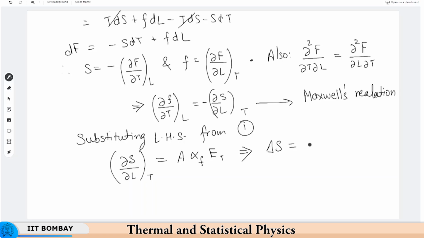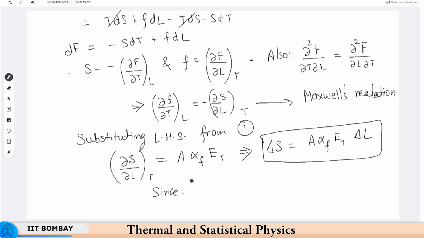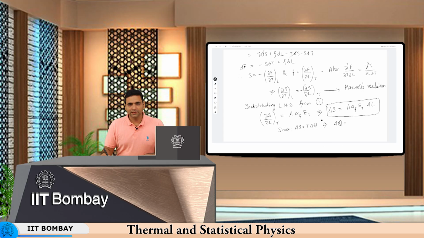The change in entropy, delta S, is given by A times alpha f times E T times delta L. This is the change in entropy upon stretching a rod by a length delta L. Since delta Q, the change in heat, is T times delta S, I can write delta S as delta Q by T. So, delta Q equals T times A times alpha f times E T times delta L. This is the change in heat. So, these are the two important results.